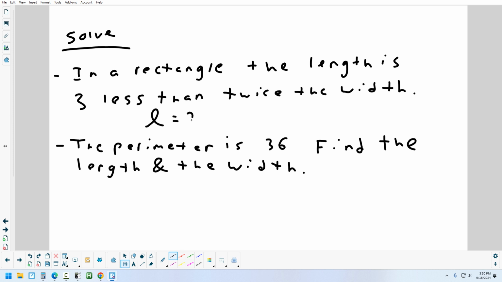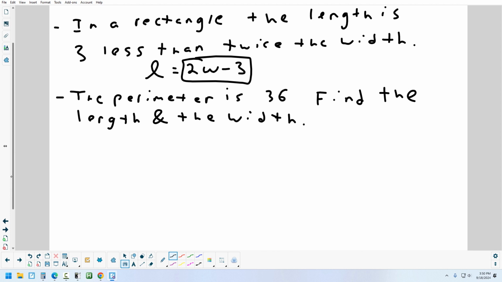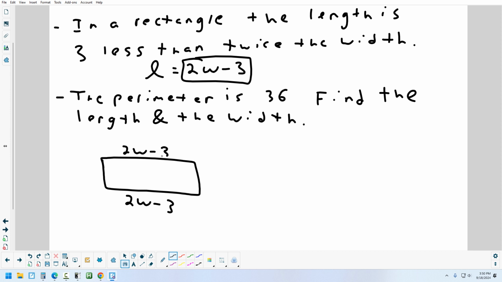2w minus 3. So 2w minus 3, that's my length. And what's the shape that we're working with? A rectangle. And the length is 2w minus 3. What's my width? Just w.